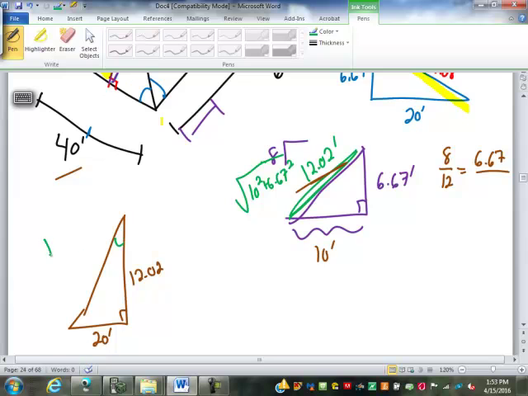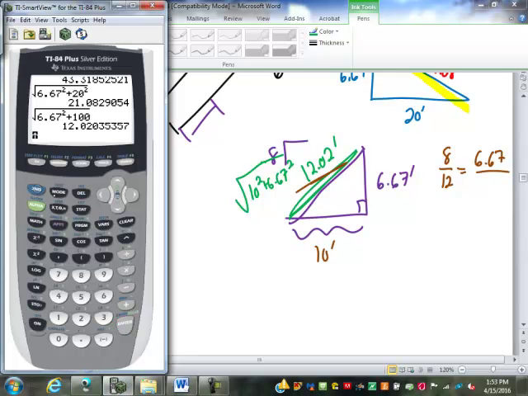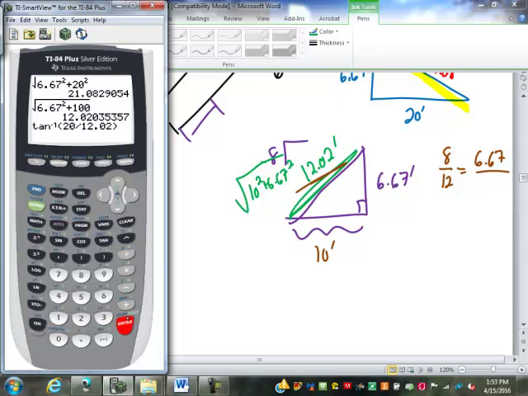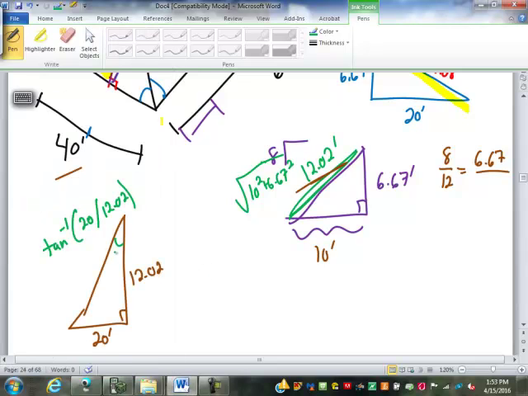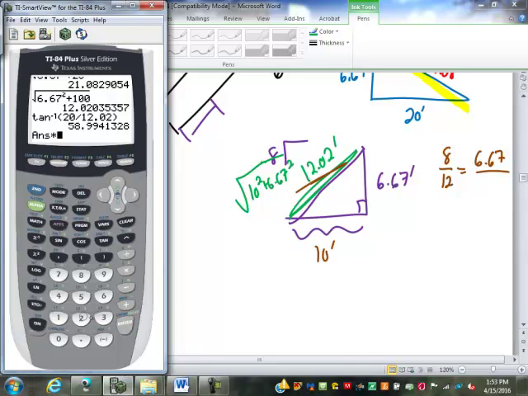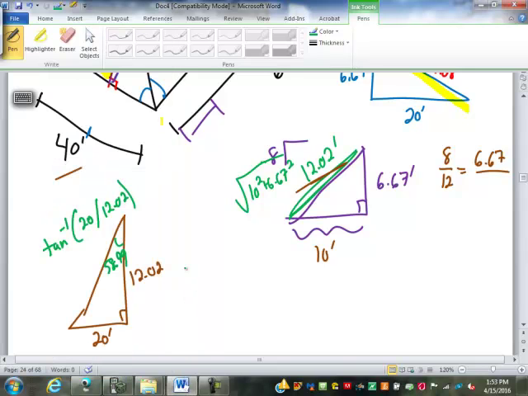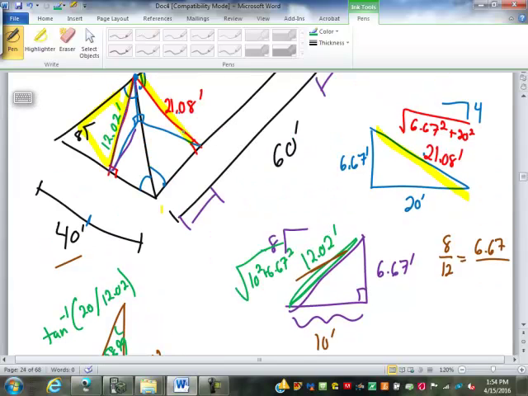Which makes this the inverse tangent of 20 over 12.02. 58.99. Now the real angle I'm looking for is double that, so I'm just going to double it. Times 2, 117.99. So this angle here, 117.99 degrees. Questions?